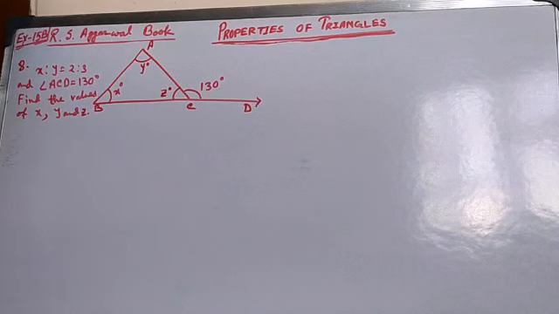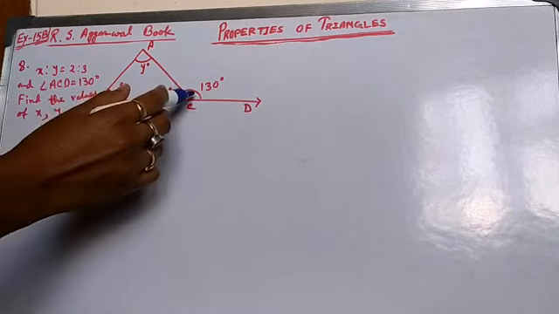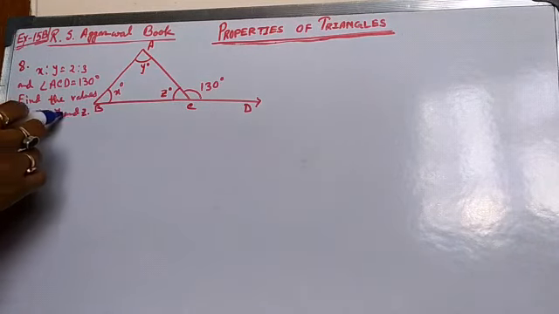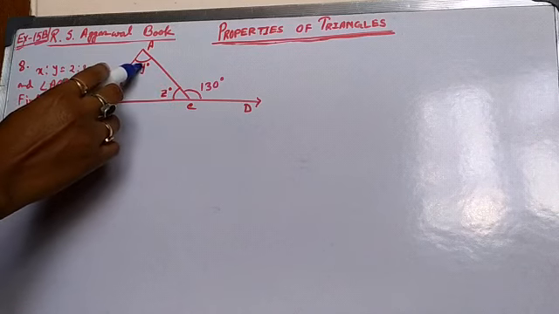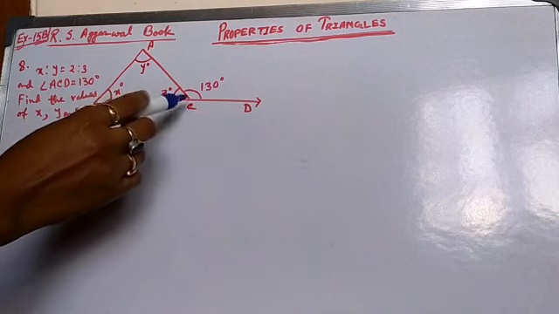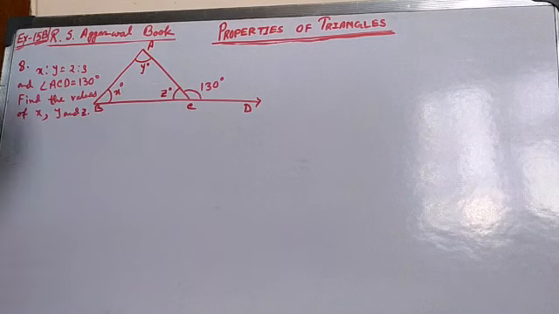Now question number 8. Here x is to y equal to 2 is to 3, angle ACD equal to 130 degree, and find the values of x, y and z. So 3 angles are unknown, we have to find out this. So first I will find out z, the value of z.